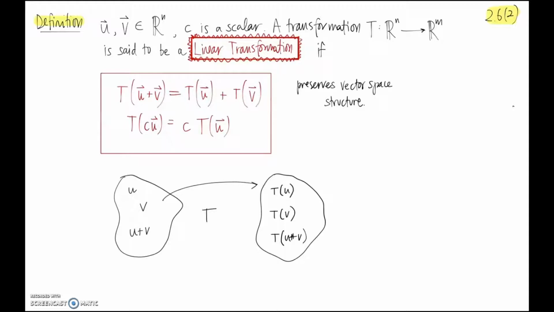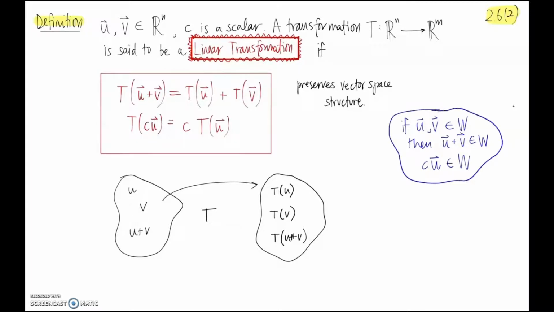So when we were first discussing the ideas of vector spaces, we knew that if u and v were in a set, then to be a vector space, u plus v had to also belong to W, and any scalar multiple of any of those vectors had to belong in W. It had to be closed under vector addition and scalar multiplication. This was the closure of vector spaces.